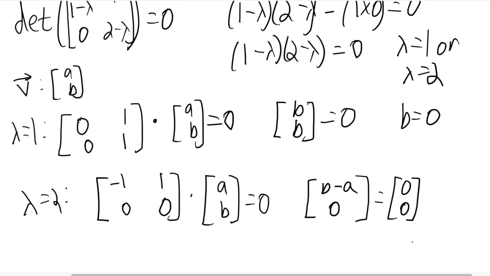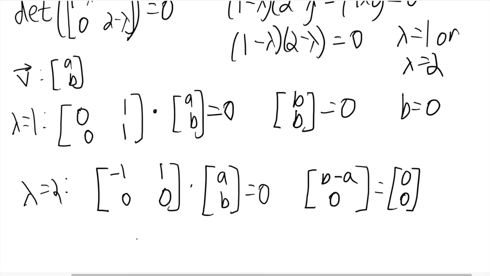And so we end up with b is equal to a. So in fact, the vectors that we're looking for are of the form t multiplied by 1, 1. This makes sense that we'd have infinitely many solutions, because obviously we can have an infinite number of vectors pointing along any line.